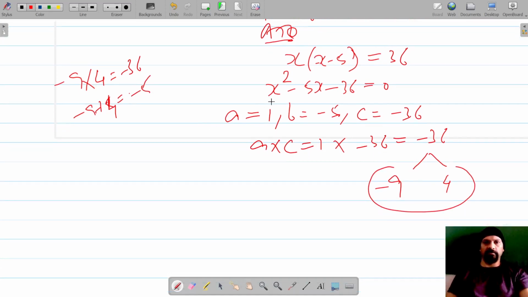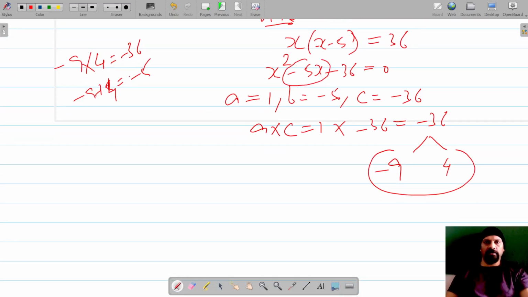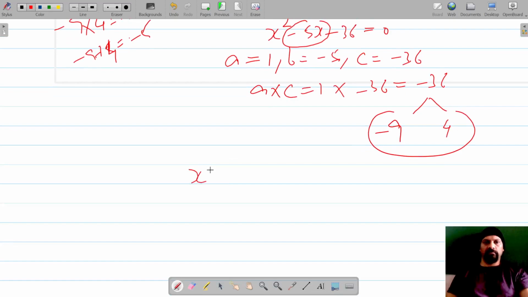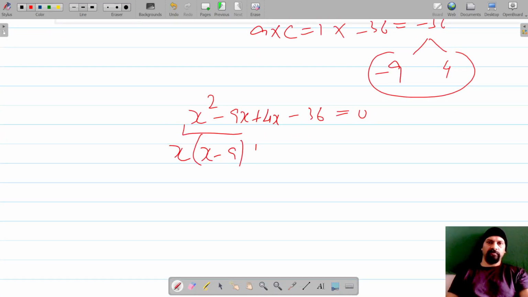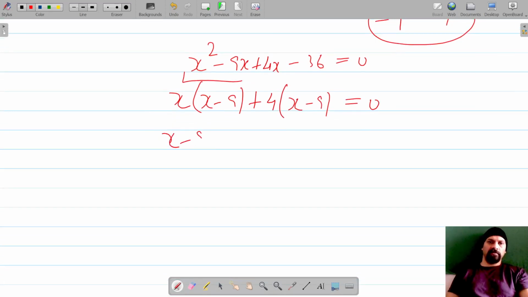So these are the factors, and I'm going to replace it here. So instead of 5x, I can write minus 9x plus 4x minus 36 is equal to 0. So x is common for the first two terms. For the next two terms, 4 is common, which gives me x minus 9 into x plus 4 is equal to 0.